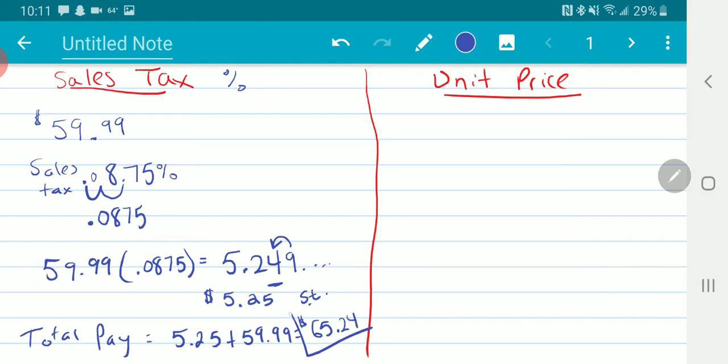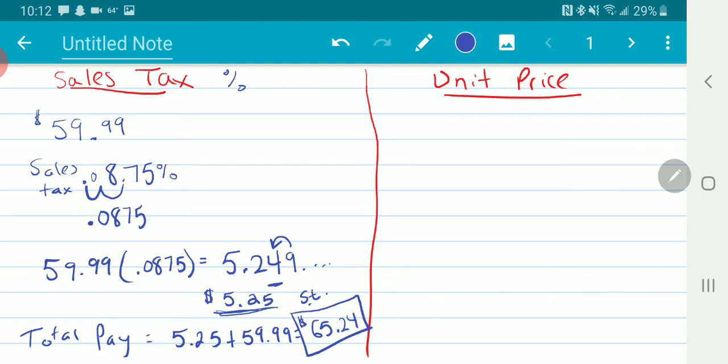Make sure you're looking at what the question's asking you. Sometimes it's going to ask you for the sales tax, in which case I would just be looking right here at that 5.25. But if I want my total pay, or my total cost, it's going to be that $65.24. That's how much the new PS4 game would cost me after tax.